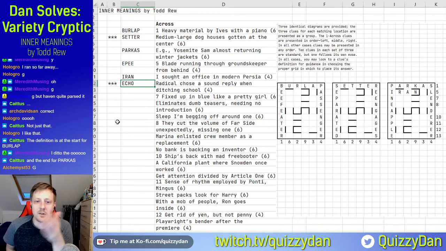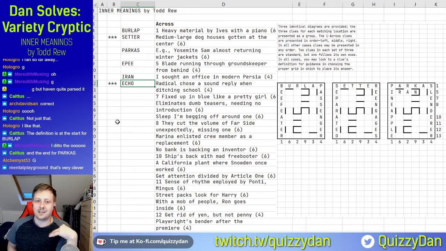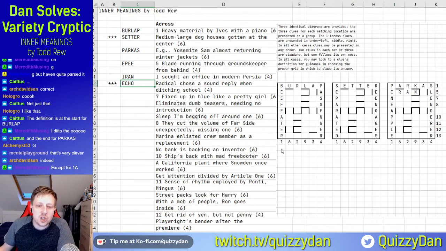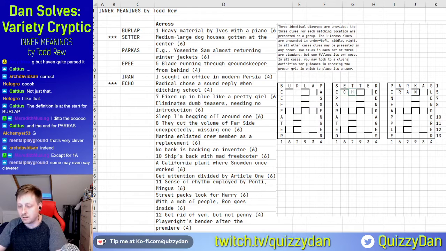So if the heavy material is burlap, that appears on the left of the clue. Right. Yes. That is clever. So if the definition is at the end, we now know where it's going to go. That's lovely. This is an anagram of chose minus school, S for school. Anagram, that is echo, and that is a sound reply. We know that is going to go in the middle one now, and epee is going to go in the left.